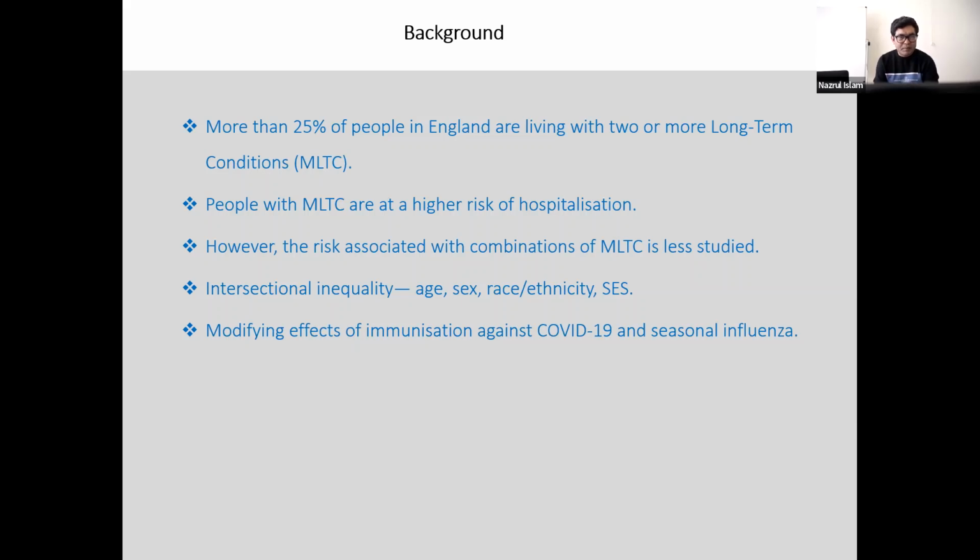While we know that people with MLTC are at higher risk, which combinations of these diseases make them more likely to be hospitalized is unknown. The reason for that is the dimensionality of the data. There are 59 multiple long-term conditions that were listed recently in a project led by my co-PI, Hajira.